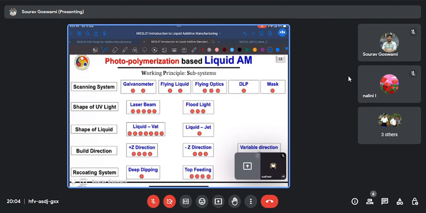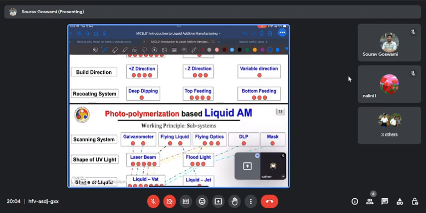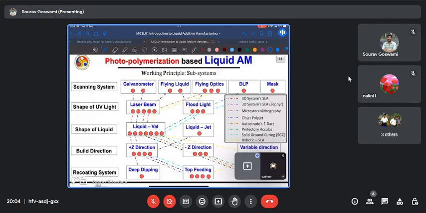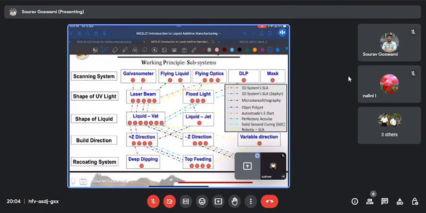And depending on these subsystems and how they are connected, we end up with the different photopolymerization based liquid AM processes. So some examples are here. If you were to talk about 3D Systems stereolithography, the first vat photopolymerization process, it uses a galvanometer based scanning system, uses a laser beam as the energy source, uses a liquid vat, and the build progresses along the z direction. And for recoating, it uses deep dipping.